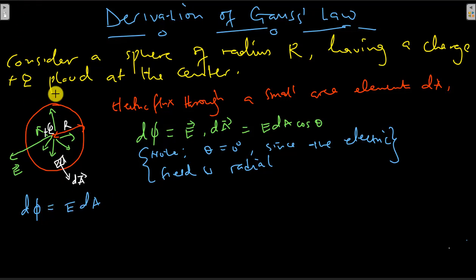So let's find the total flux. This is the electric flux through a small area element dA, so let's use it to find the total electric flux through the sphere.